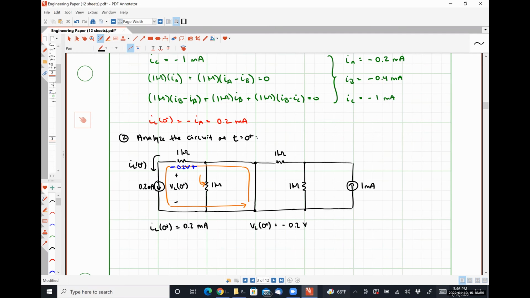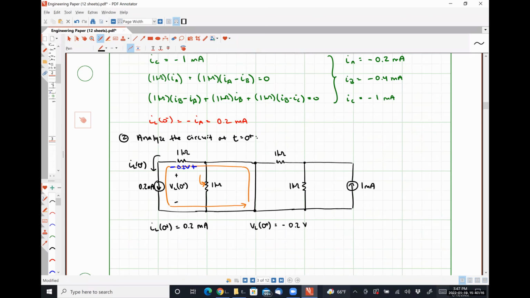Because if we do KVL around that loop, we have a whole bunch of zeros, and then plus 0.2 volts plus VL is equal to 0, which means VL has to be negative 0.2 volts. Okay. Anybody have any questions regarding our circuit analysis here at t is equal to 0 plus?